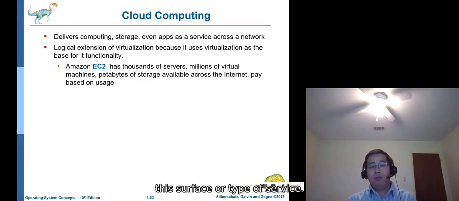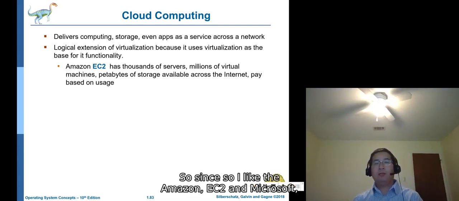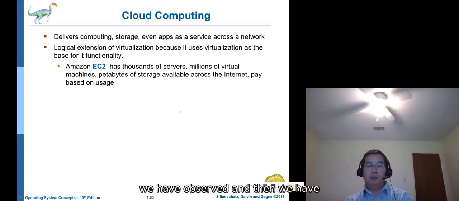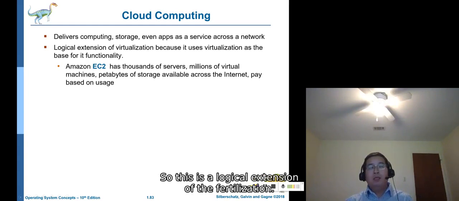What type of service? You can do some calculation, store some data. Even you want to use some application software, they can provide such things. So like Amazon EC2 and Microsoft Azure, and then we have a lot of cloud service providers now.